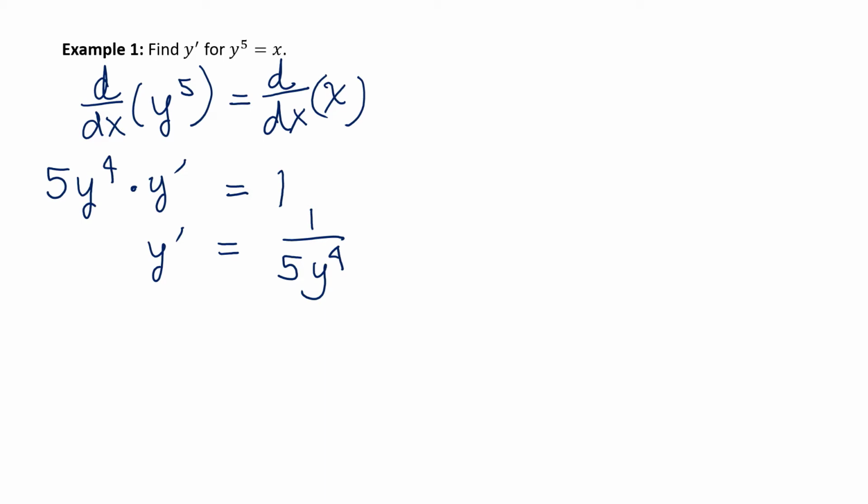What if I want my answer all in terms of x? Can I do it here? If you have y to the fifth equals x, oh, look at that. I can take the fifth root of both sides. So y is equal to x to the 1/5. Y and x to the 1/5 are same things.